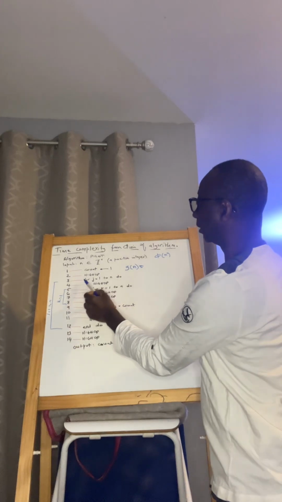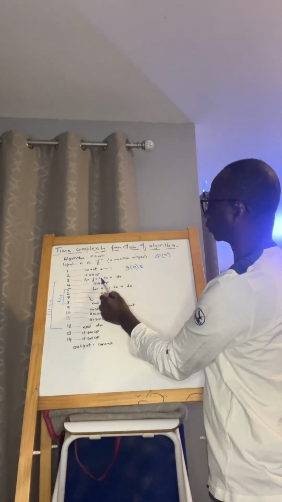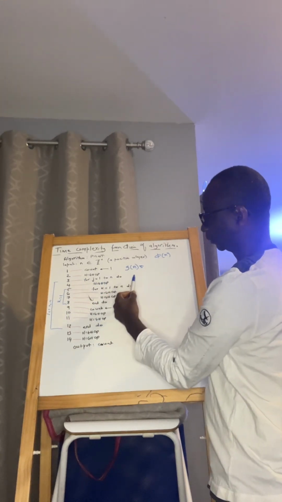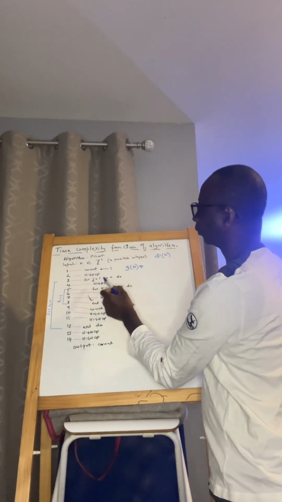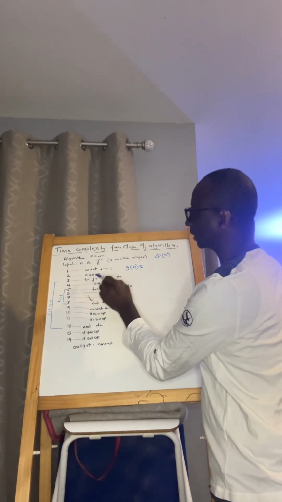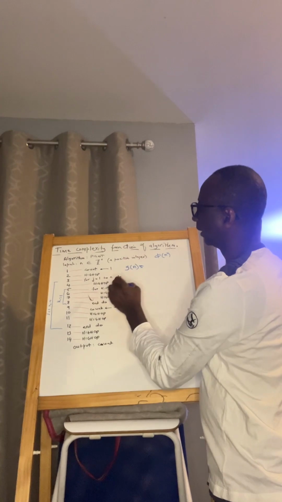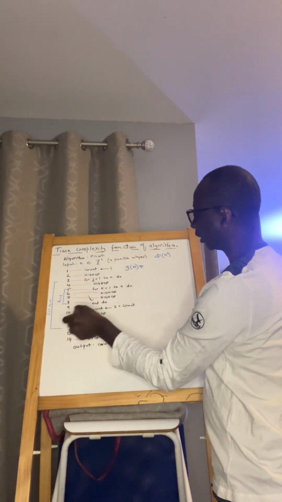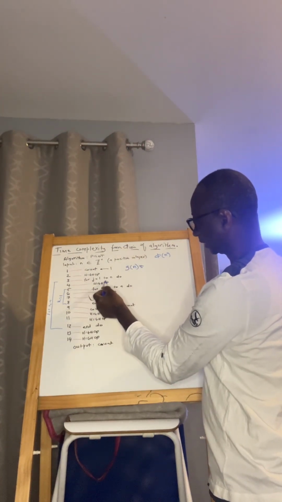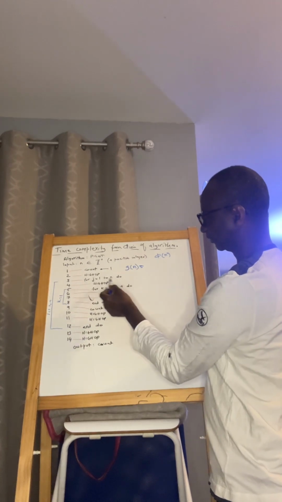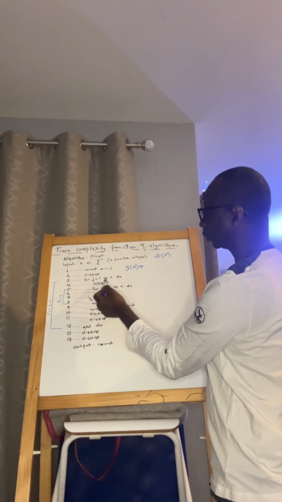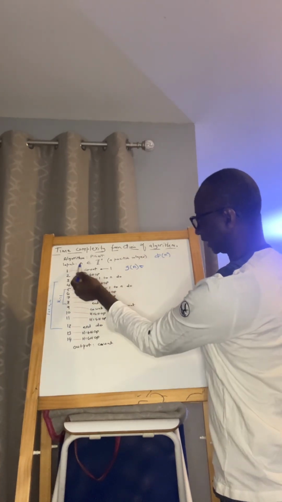Because here, line 3, we have for j equals 1 to n do. This is a for loop, and what is happening here, the program will continue to run until this condition is met, from j equals 1 to n. And what is n? n is the input size.